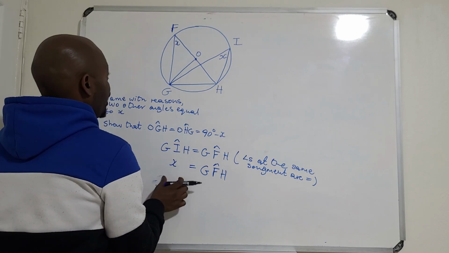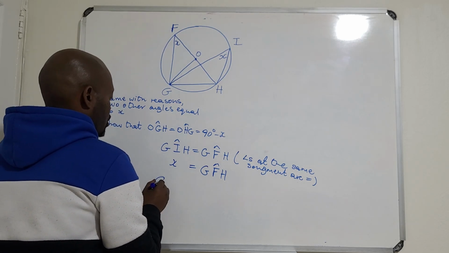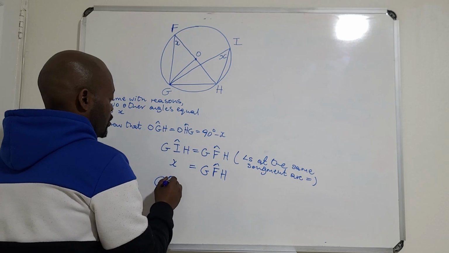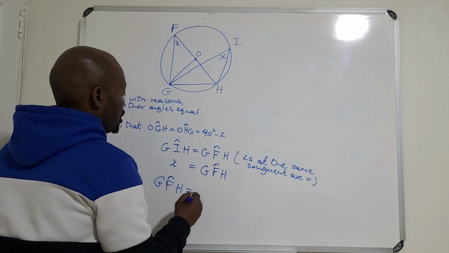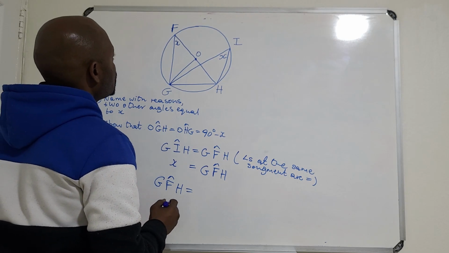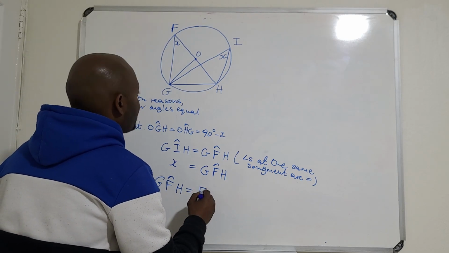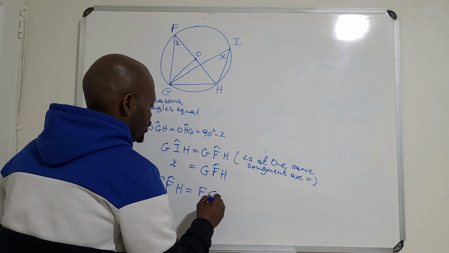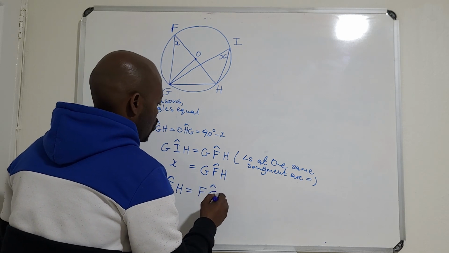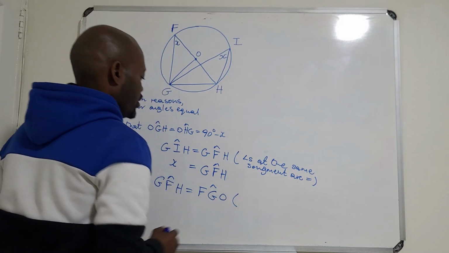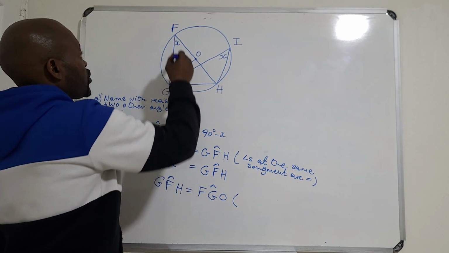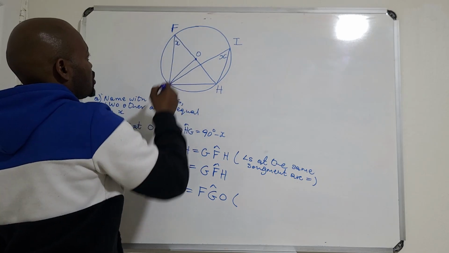Therefore, we're going to say angle GFH is equal to angle FGO. Reason? Because we're saying this angle is equal to that angle.